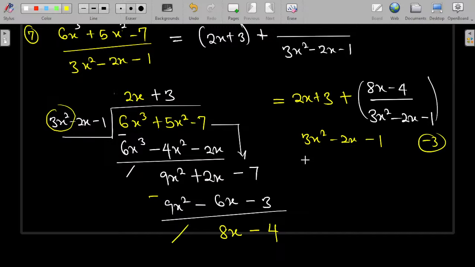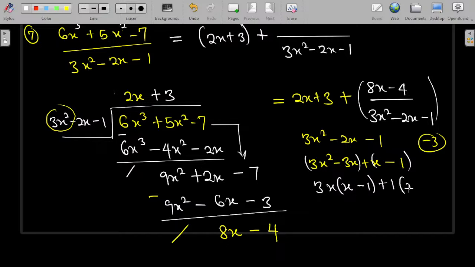So we'll now use it to replace here. We have 3x squared minus 3x, then plus 1x, which is just x, and then minus 1. So we will now create two brackets here, and then we factorize. 3x is common here, and this will give us x minus 1. In this place only 1 is common, so you bring out 1, you have x minus 1.